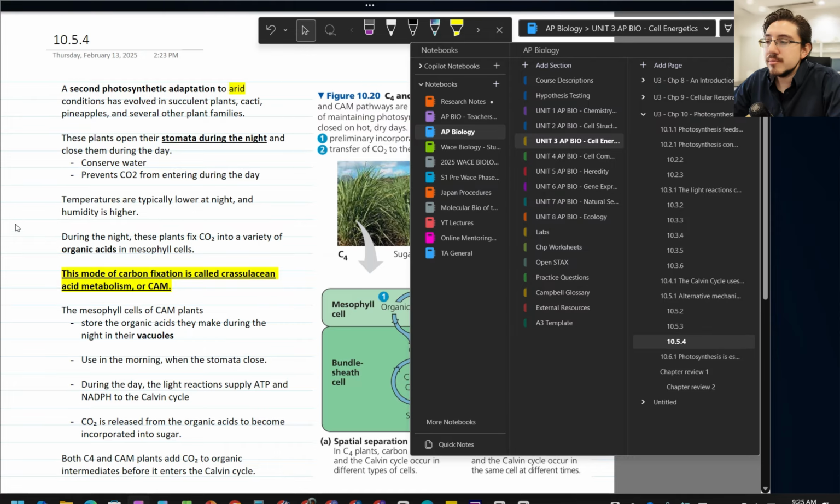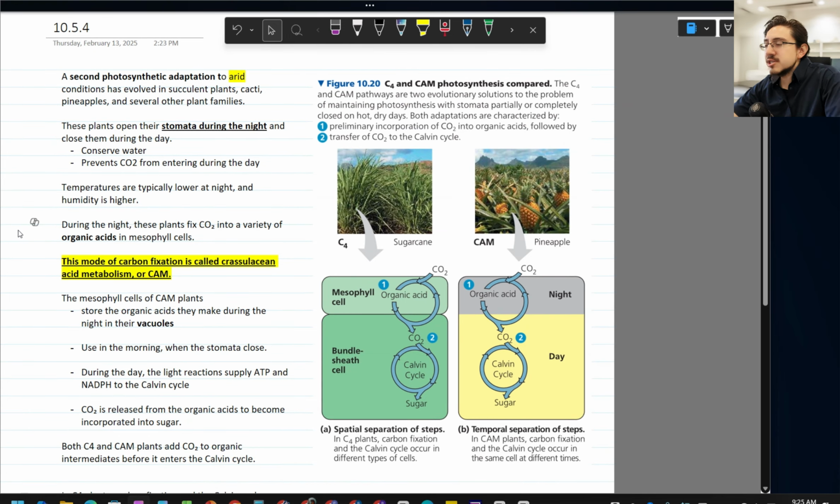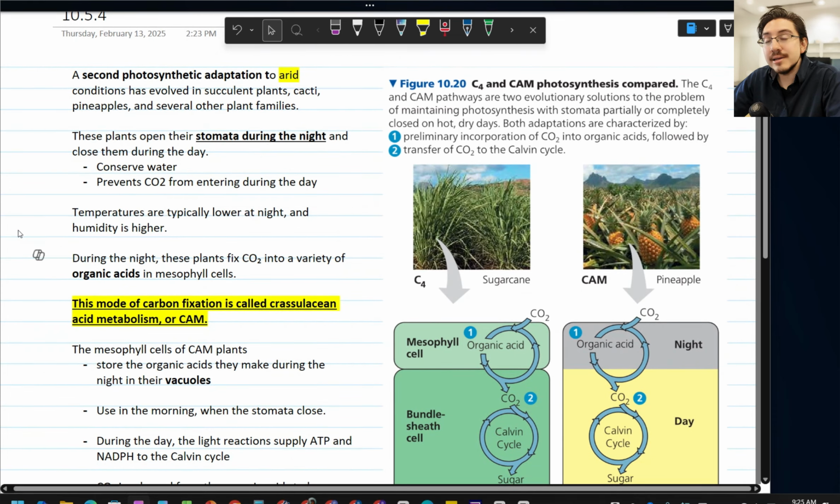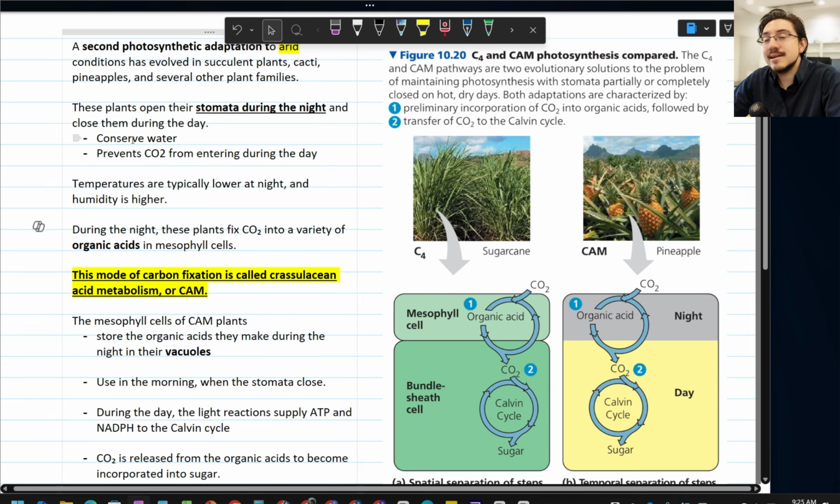And then a second type of adaptation in arid conditions, let me just zoom in here, has evolved in succulent plants, cacti, pineapples, and other particular plant families, right? And what happens here is that these plants open their stomata at night and close them during the day.